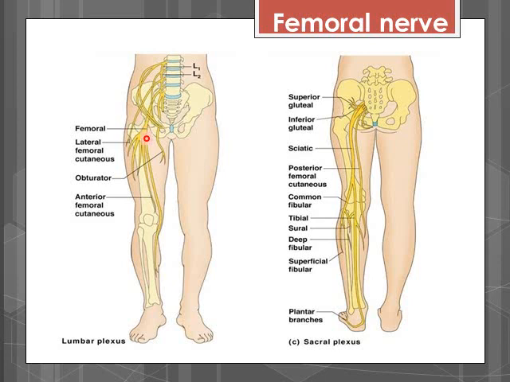It lies within the psoas major muscle, and it gives off branches to the lower limb, including the lateral femoral cutaneous nerve or the lateral cutaneous nerve of the thigh, the femoral nerve, the obturator nerve, plus the lumbosacral trunk.